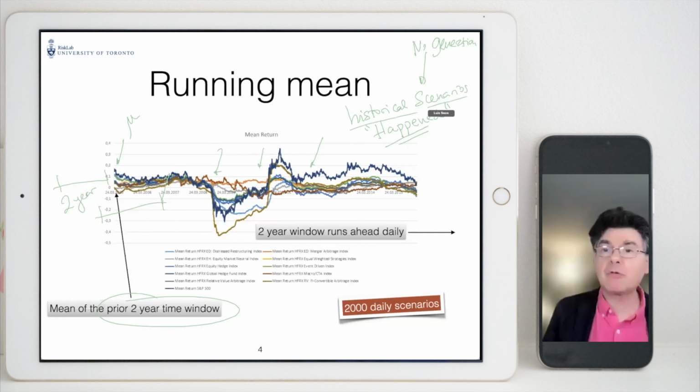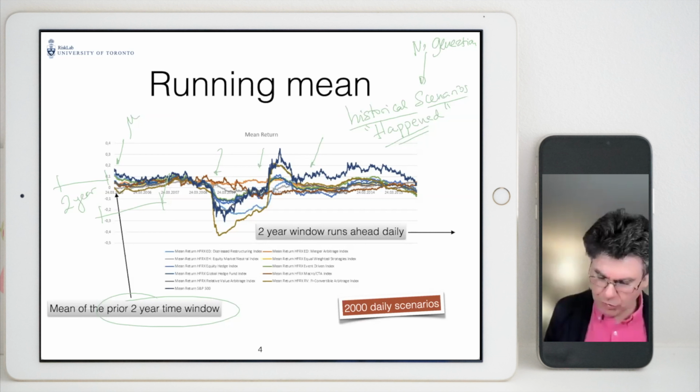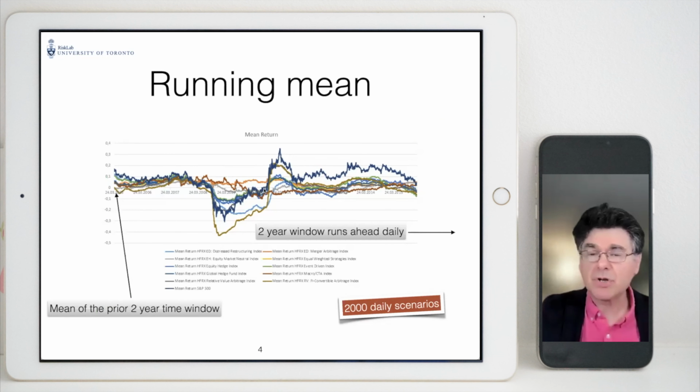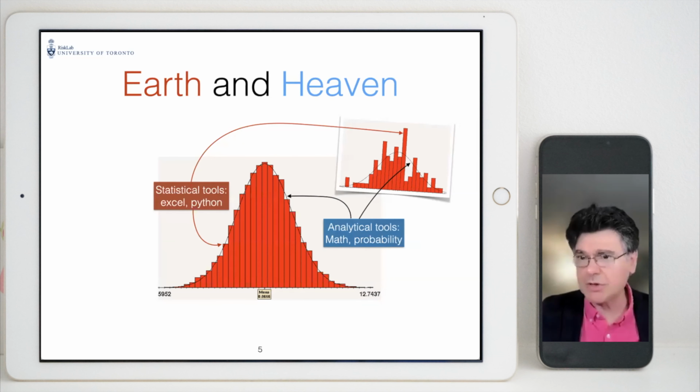They're not generated, they're drawn from a database. But we have seen that too. And these were 2000 daily scenarios. So that's another example of scenario generation, except this time the generation is historical.